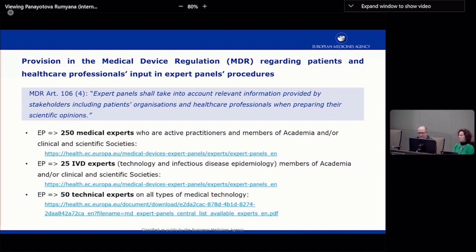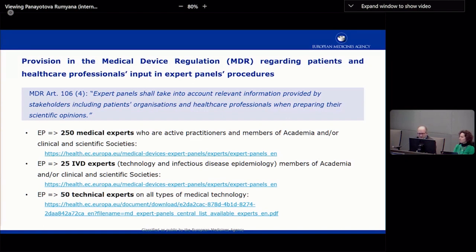Whereas for healthcare professionals, that input probably comes already from the nature of the expert panels and how they are composed. I've grouped here for your information the background of these experts. For instance, the vast majority are medical experts, who are currently active practitioners. Most of them are active surgeons in their field, and they are members of academia and or scientific and clinical societies.